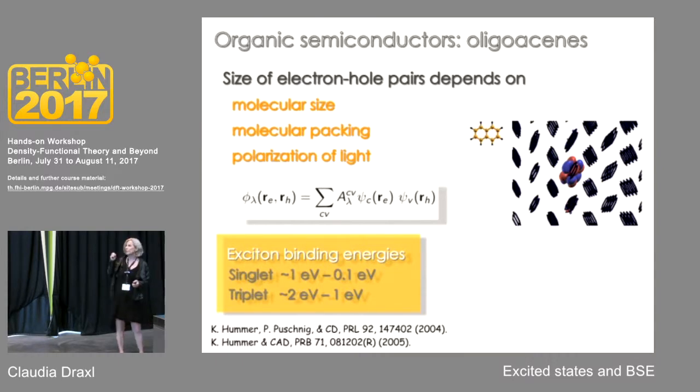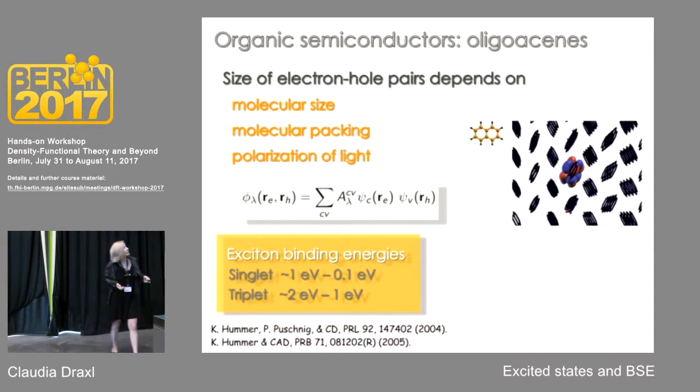So we have put the hole position in the middle of this molecule, and then you see how the electron is distributed around. And you clearly see that both the electron and the hole are sitting on the same molecule. So in essence, electron and hole are very close to each other. That's why they feel this Coulomb attraction very much. And this is the reason why they have such a strong binding energy.